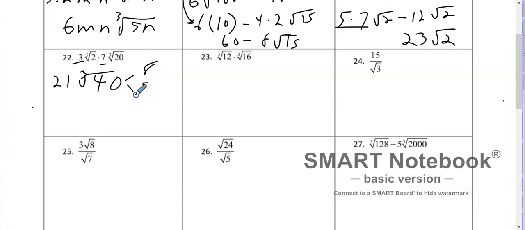So that's 8 and 5. So the cube root of 8 is 2. So I have 21 times 2 times the cube root of 5. So that's 42 times the cube root of 5. Don't forget to put that little 3 there. It's very important.